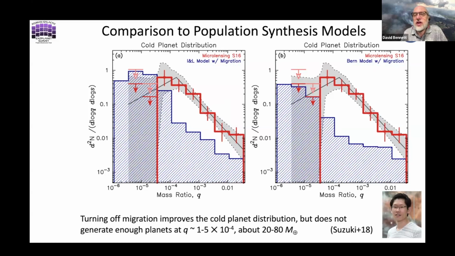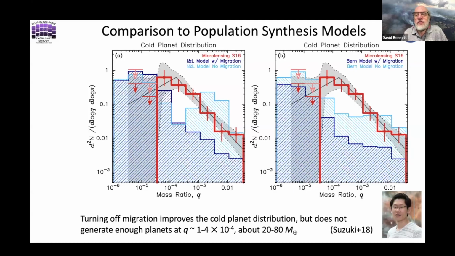With migration, very few planets are predicted in the range that can be seen by microlensing, particularly high mass planets. If they turn off migration, then they fit a bit better, but there's still this gap at a mass ratio of a bit less than Saturn's mass ratio of 2.5 times 10 to the minus 4.